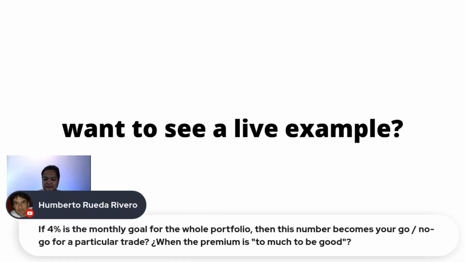All right. Let's see. If 4% is the monthly goal for the whole portfolio, then this number becomes your go no go for a particular trade, when the premium is too much to be good. It's not necessarily a go no go. What it does is it's one of the criteria I look at.